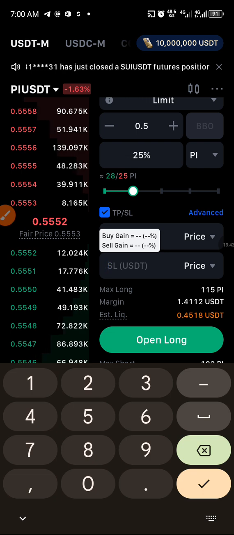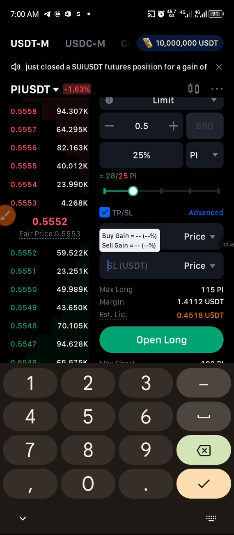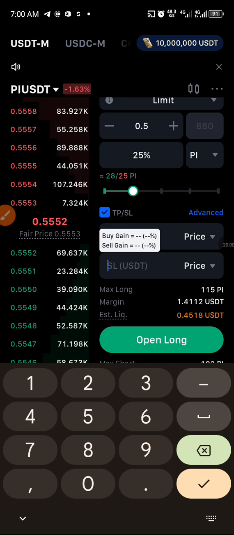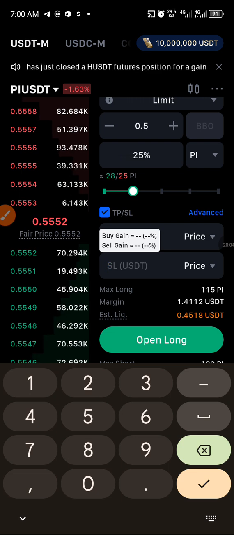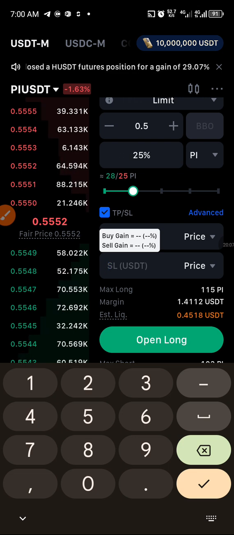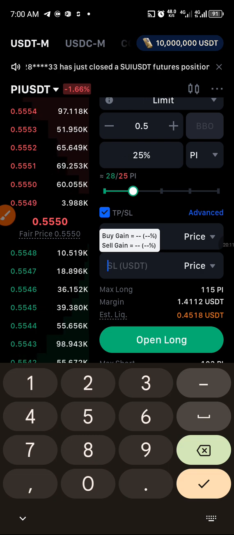Stop loss will prevent you from losing all your trading margin, that is the trading capital you are using. So stop loss means you are saying, if this trade did not favor me, then when it gets to this price, let the system automatically close the trade for you, so that you will not incur 100% loss. Because when you incur 100% loss, that is what we call liquidation.